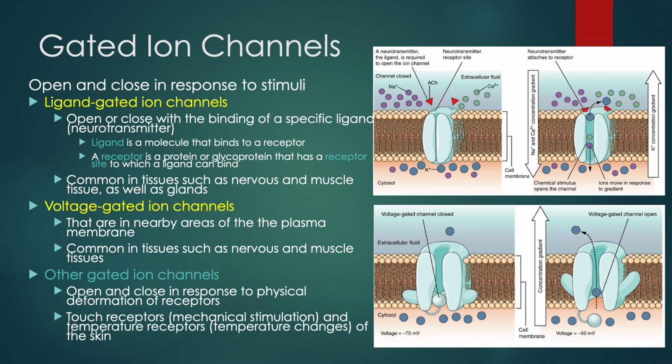And so here you see them on the lower left closed, and then on the lower right open. And so these are common in both nerve and muscle cells, and they allow the changes in charge to spread. And so when a ligand-gated channel opens at a dendrite, this will cause it to spread from different places.